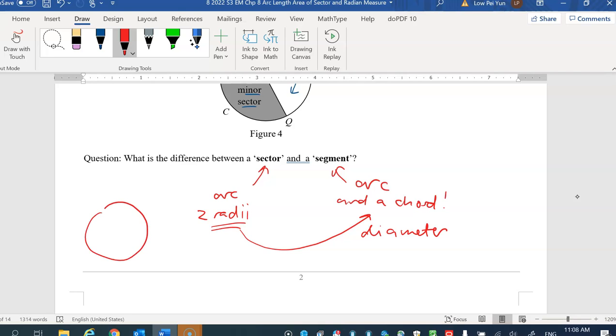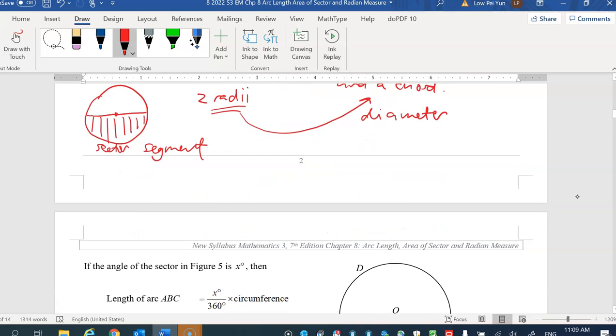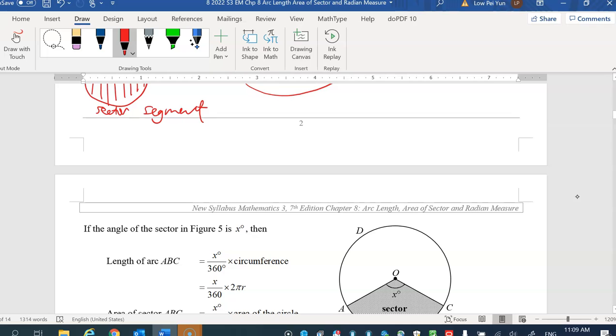When you have the two radii, pardon my ugly drawing, becoming the diameter, that is when the sector becomes a semicircle, and that's when the sector and the segment become the same. Okay, moving on. Like I've said, today's video lesson focuses on arc length and the area of sector.